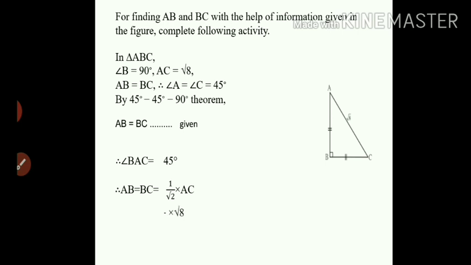That is 1 upon root 2 multiplied by hypotenuse, which is given root 8. So root 8 will be what, you know, 4 into 2. So 4 is a perfect square of 2. So we get 2 root 2. Now here you can see 1 upon root 2 multiplied by 2 root 2. Root 2 cancelled. 2 is left here.